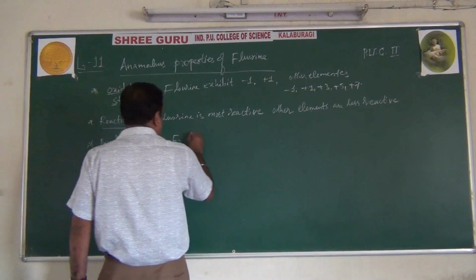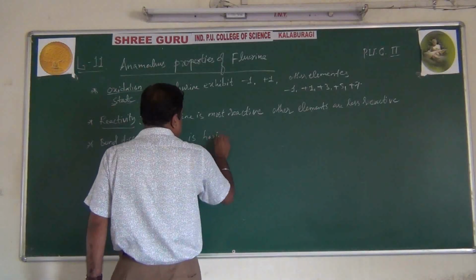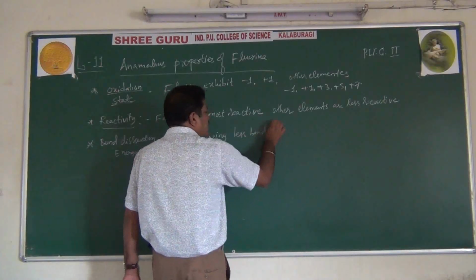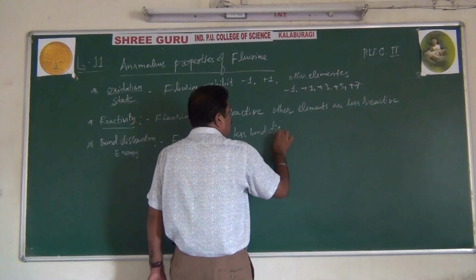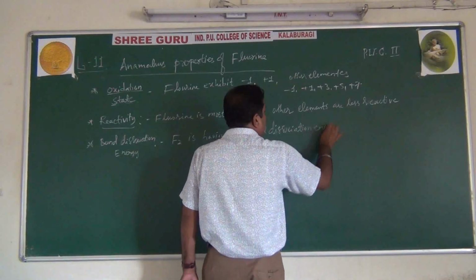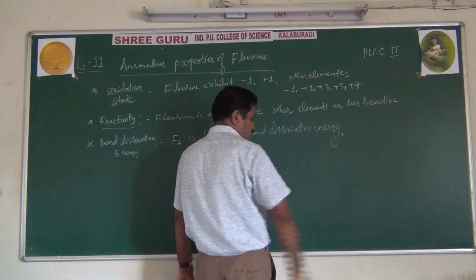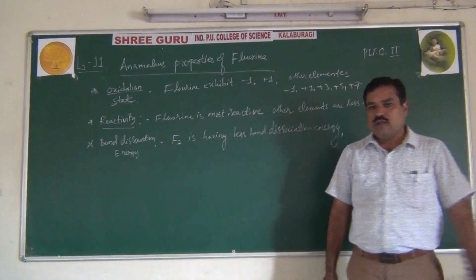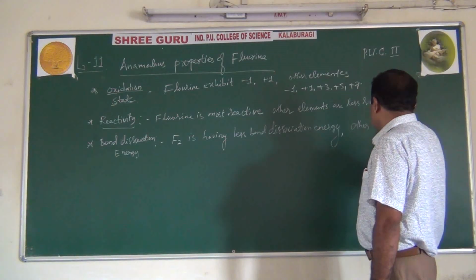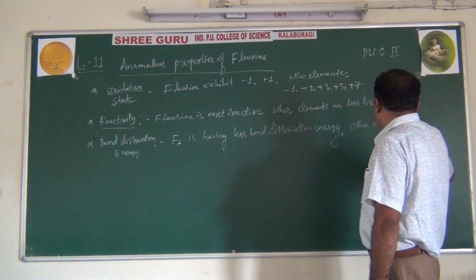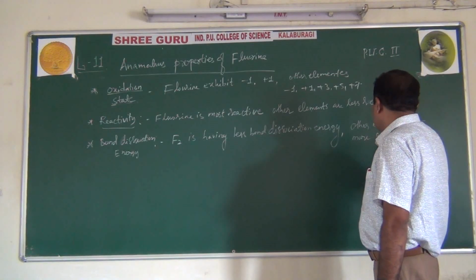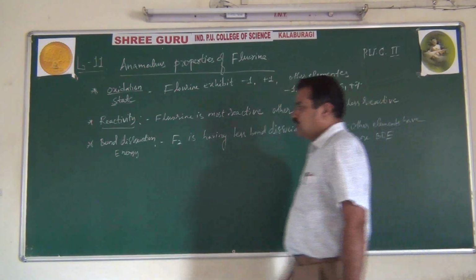Fluorine has less bond dissociation energy. That's why I said it. Other elements have more bond dissociation enthalpy.